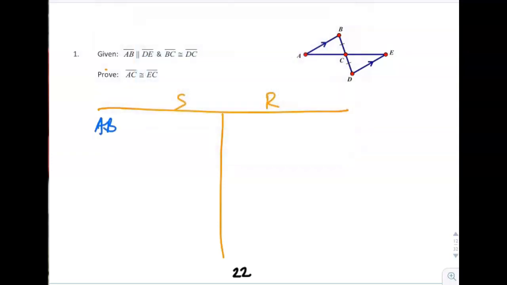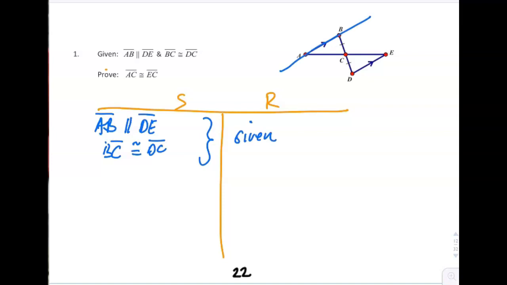It gives us, 95% of this is no different than what we did today and yesterday. BC is congruent to DC. Both of those pieces of information are given. So we have parallel, which I like to make longer.